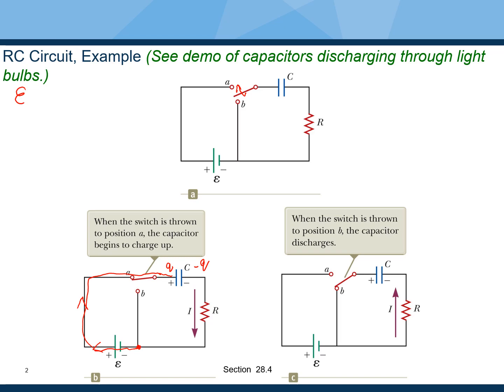Therefore, there is a voltage difference of Q divided by C, where C is the capacitance of the capacitor.